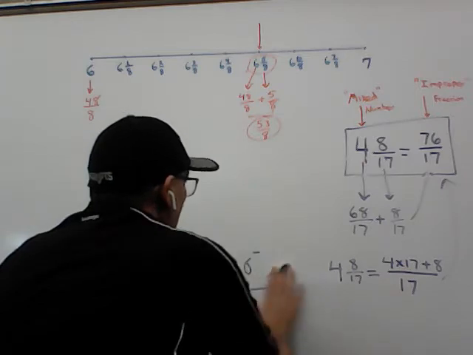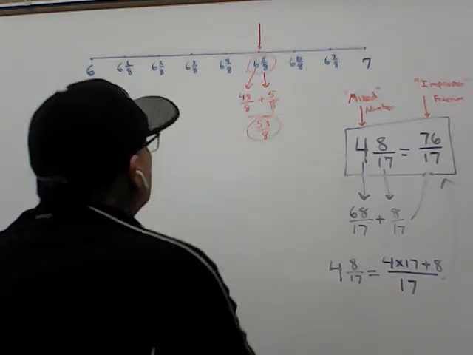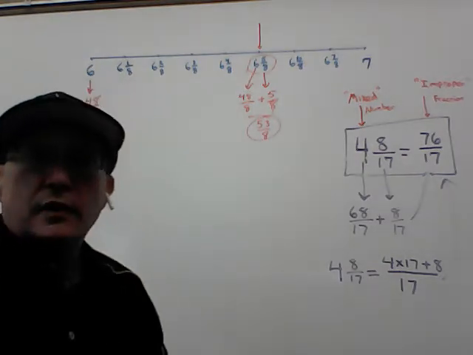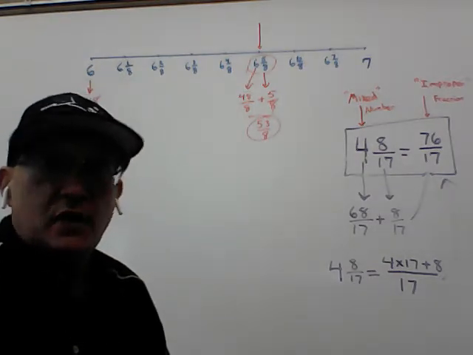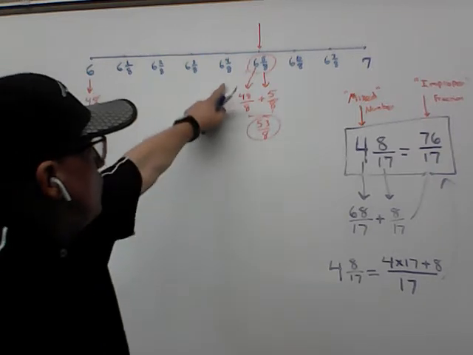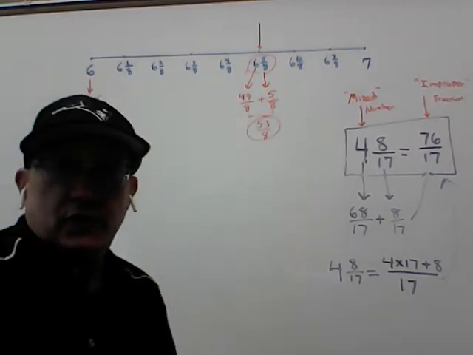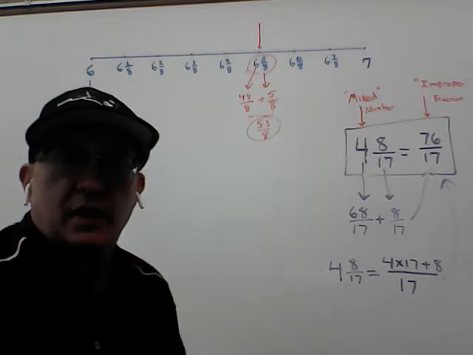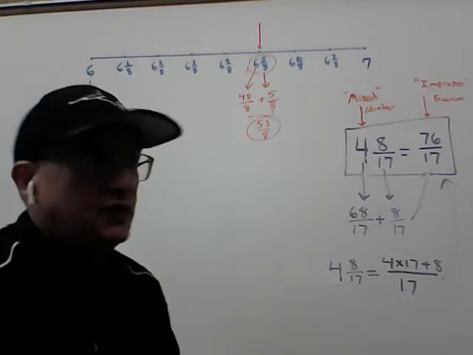You might have wondered, I hope you did, up here when we were looking at this eighths number line between 6 and 7, hey, what about that 6 and 4/8? Where does that appear to be on the number line between 6 and 7?